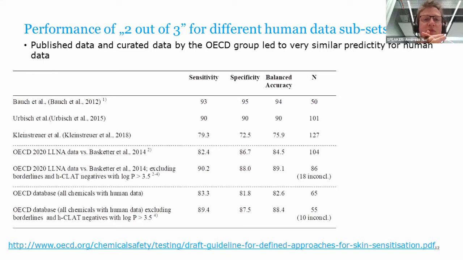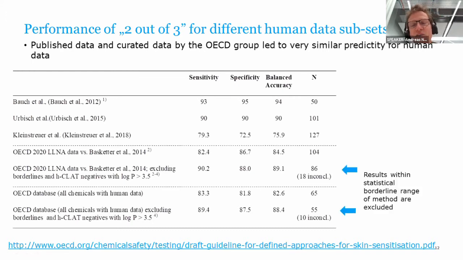The team of Cosmetics Europe, together with NICEATM, then published a larger data set where the sensitivity went down to 80% and specificity was a bit lower also. And then this data set, which was in that Kleinstreuer Cosmetics Europe publication, this human data actually comes from Basketter 2014. We then compared them against the LLNA data review of the OECD, which then gave a bit better predictivity again.